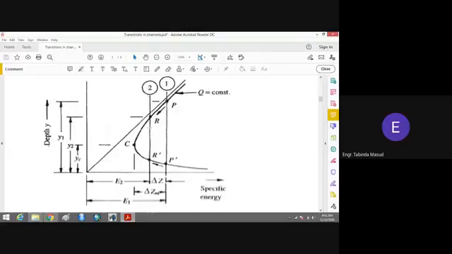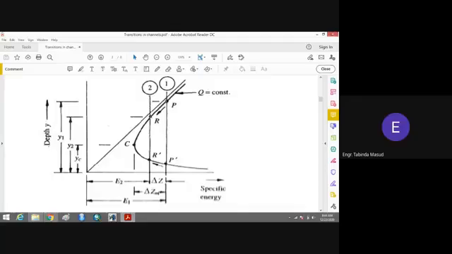You can see that in section 1.1, this point P shows the energy at section 1.1. If you extend a line to the x-axis, you will come to know that this is E1. This is E1 at point P, or at section 1.1, and when the water flows over the weir, its energy gets reduced.